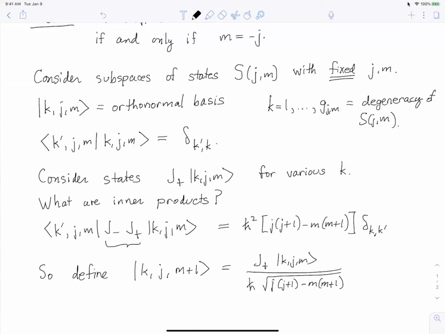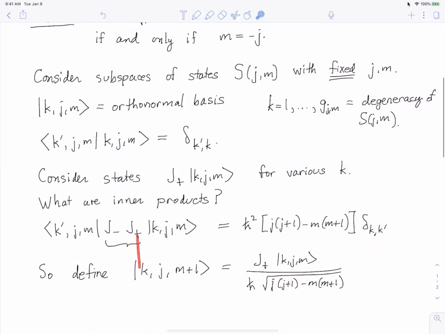First of all, we know that when we act with the J plus, it's raising M by 1 unit. That's why this is an M plus 1. And this factor is making it normalized to 1, and we already found that they were orthogonal.